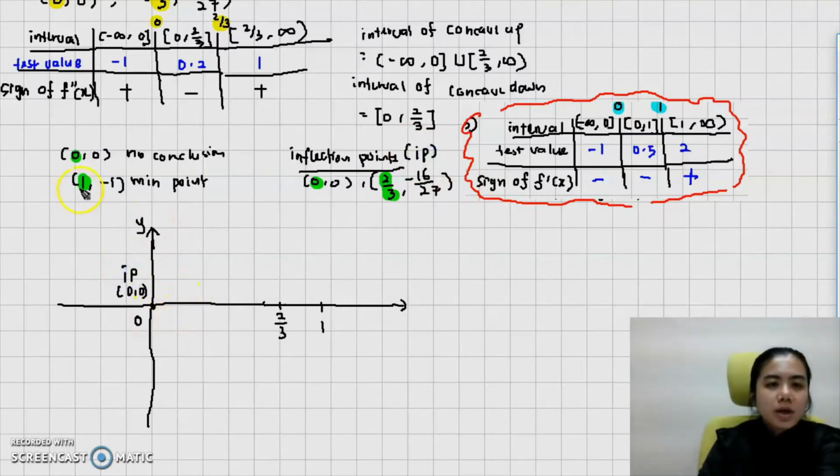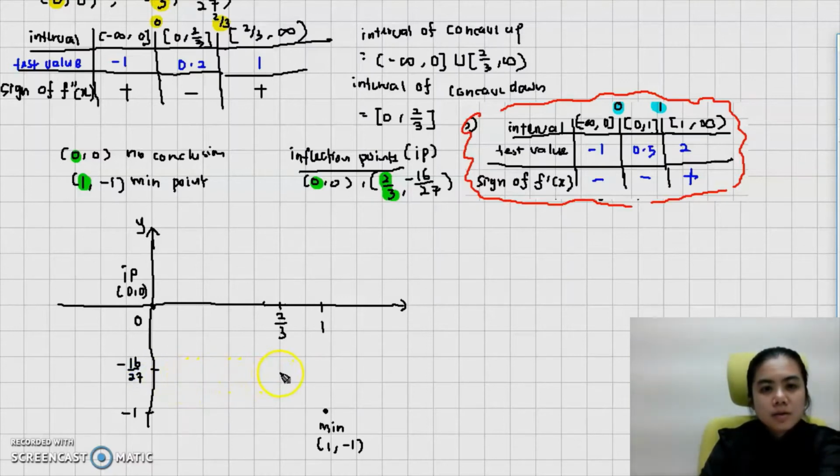Next we have 1, -1, somewhere here, let's say. That is our minimum point. And we have this one: the IP that is 2 over 3, -16 over 27, somewhere here. It is another IP.